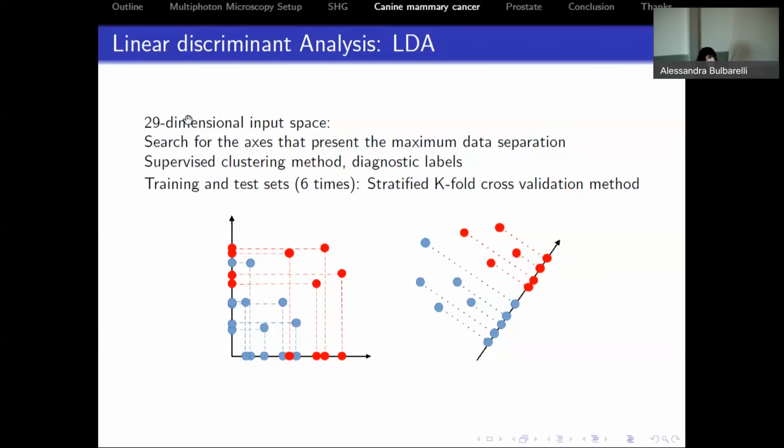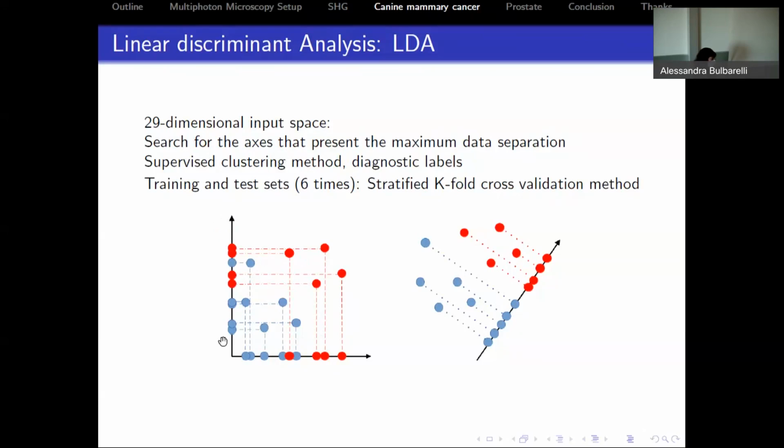And then with these 29 parameters, we can make a 29-dimensional space and look at all of them together using this machine learning technique, which is the linear discriminant analysis, which works roughly like this sketch here. We have a lot of parameters, and I'm plotting it here in two dimensions.